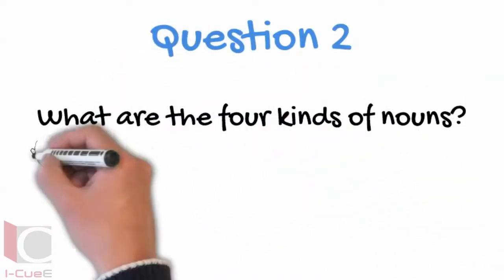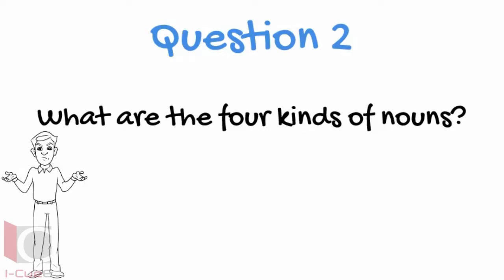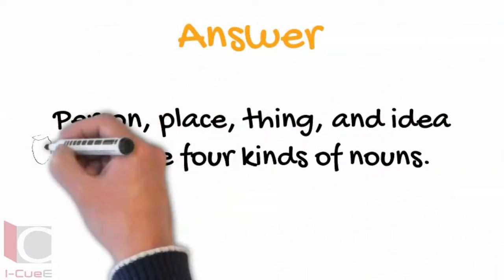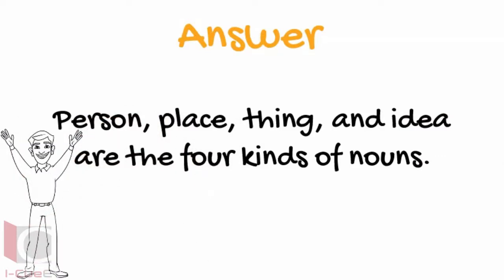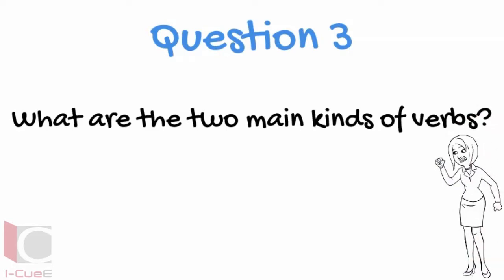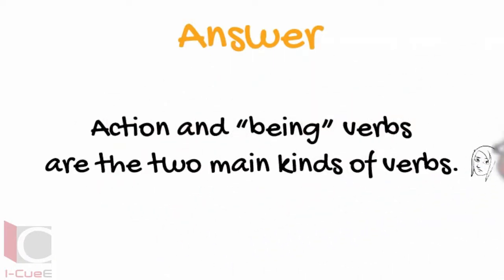What are the 4 kinds of nouns? Person, place, thing, and idea are the 4 kinds of nouns. What are the 2 main kinds of verbs? Action and being verbs are the 2 main kinds of verbs.